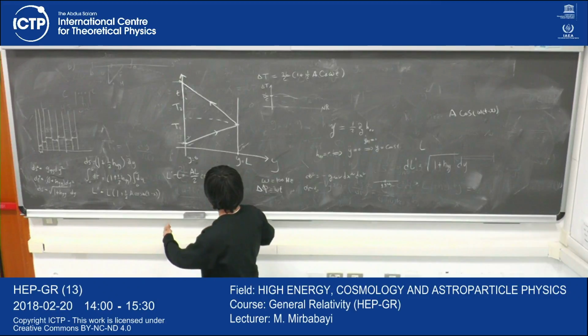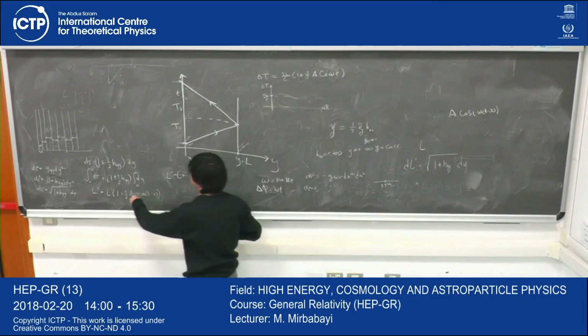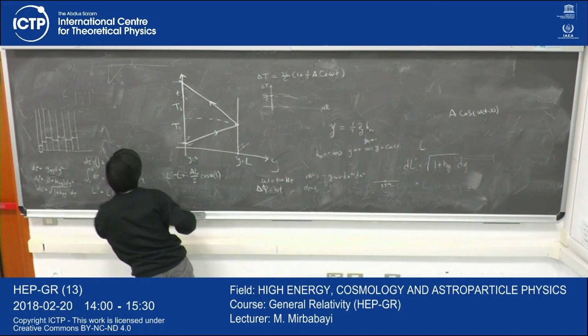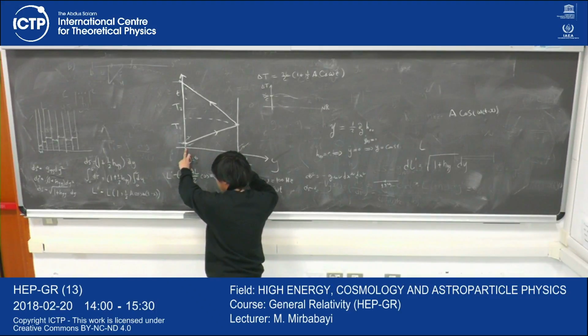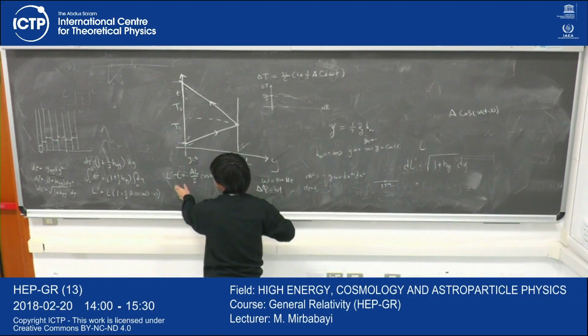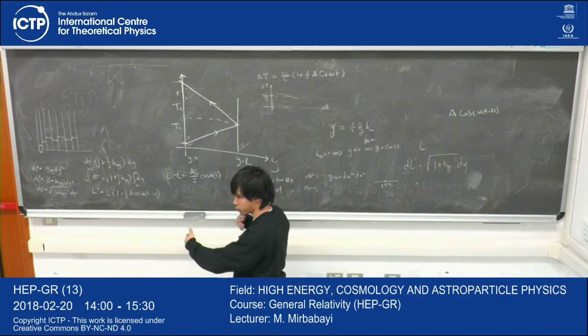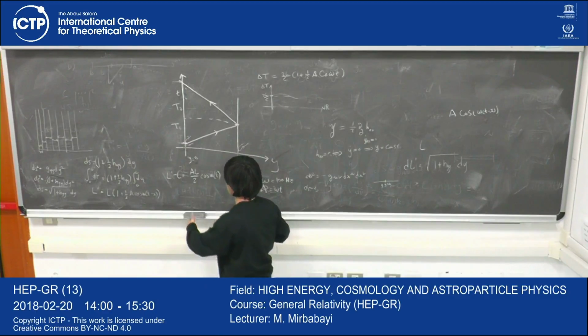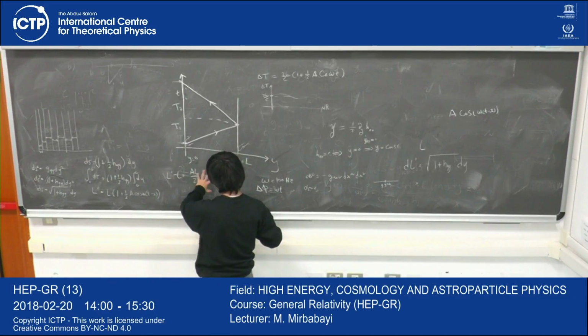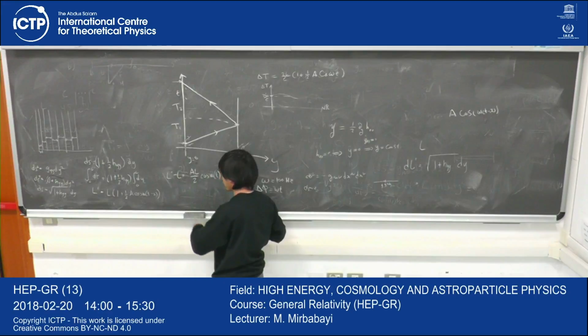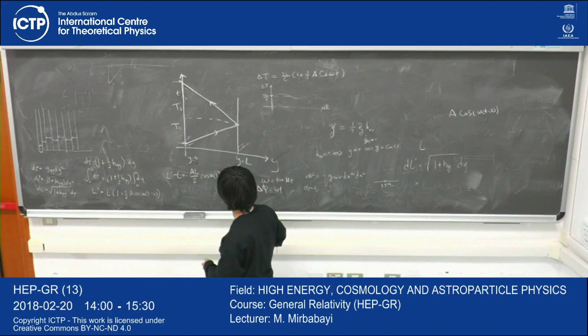So L prime, the space-like separation between the two mirrors, and L, the space-like separation of the rigid ruler, we see that it oscillates. It's an oscillatory function, which oscillates at frequency omega.